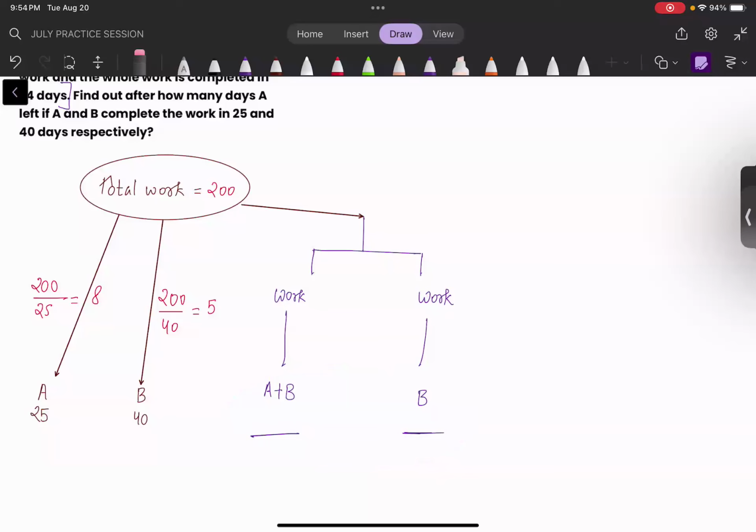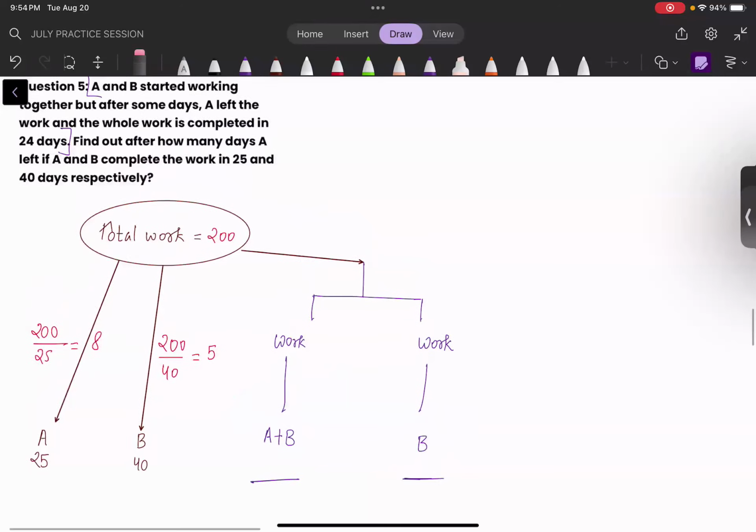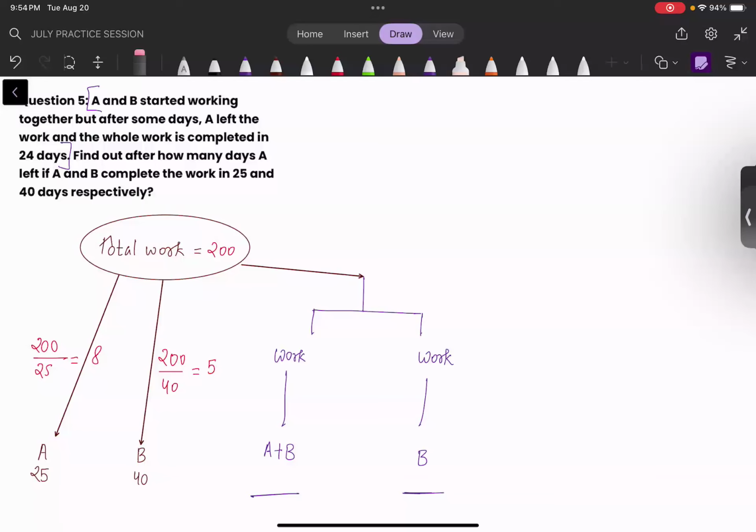The situation will be similar. Just tell me something. Overall, they worked for 24 days. Overall, they have worked for 24 days. What will you say? Who has worked for 24 days, A or B?